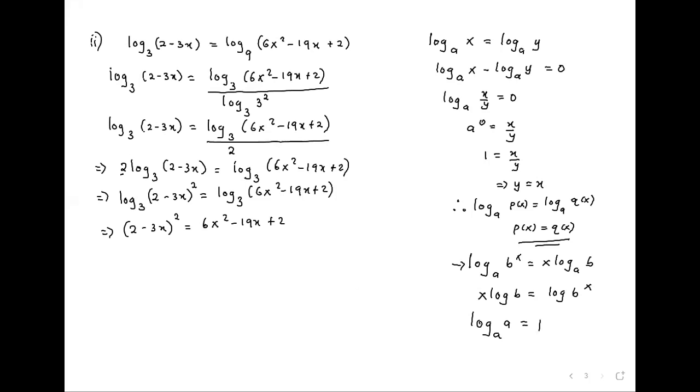Sir, the part I am behind on is this part here: where you came up with this denominator, log 3 of 9. What is 9? 9 is just 3 squared.